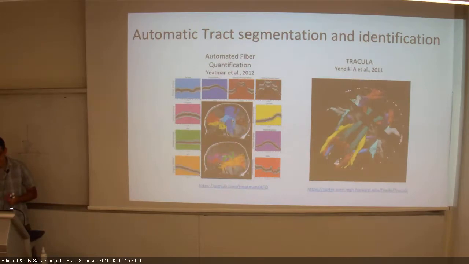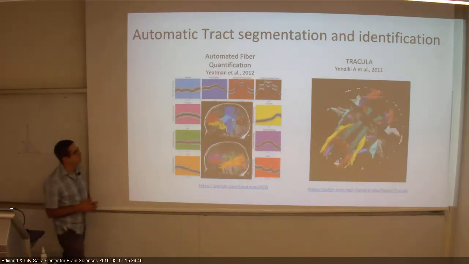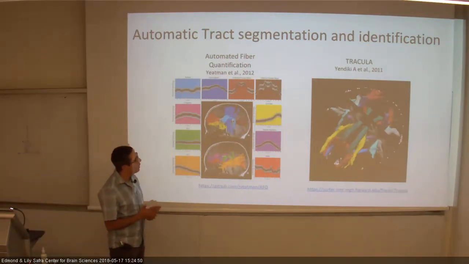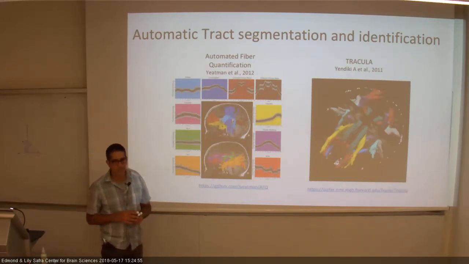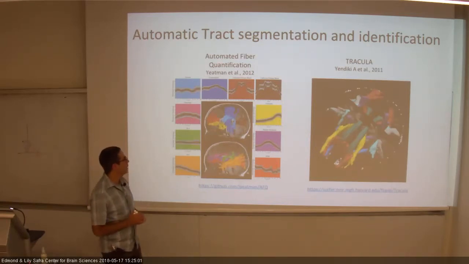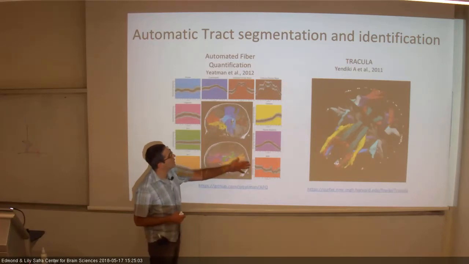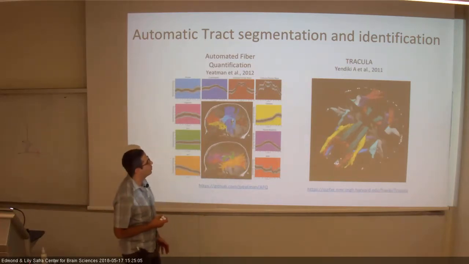So that's an example of things we can do. We are essentially getting maps of tracks. We can get a map of about 20 tracks in each individual with diffusion data and with these priors, comparing this to the atlas. And there are different flavors of how people are doing that.